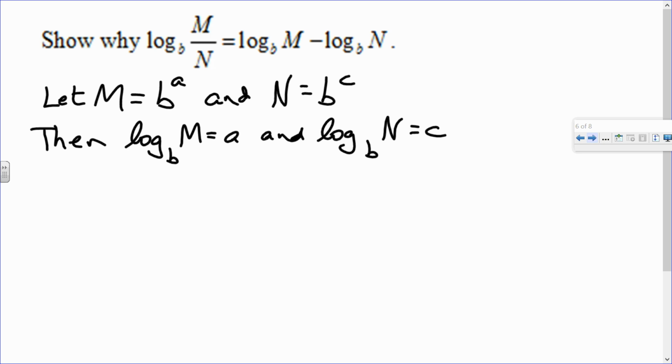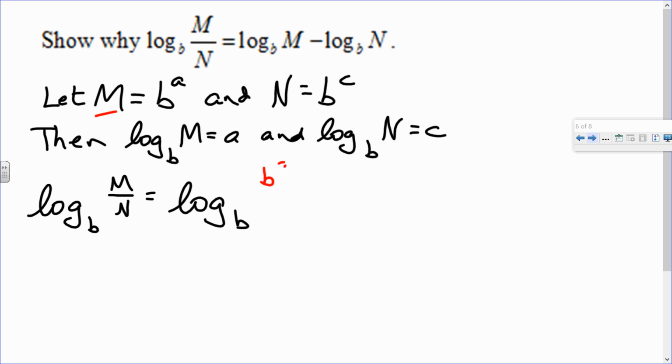Then I start with either the left or the right of the equation. I'll go with the left. Log base b of m over n. I'm going to try to get one long equation string until I get to the other side. So log base b of, well, m is just b to the a, and n is the same as b to the c.